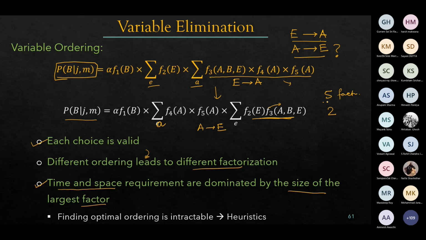Then the space and time complexity would be much less than with the first ordering. So while we are talking about ordering, we should try to find the ordering for which we have the optimal number of computations. And finding the optimal ordering is really intractable. That is a hard problem itself. And there are different heuristics that are used to come up with orderings that will reduce the time and space requirement while doing this product.